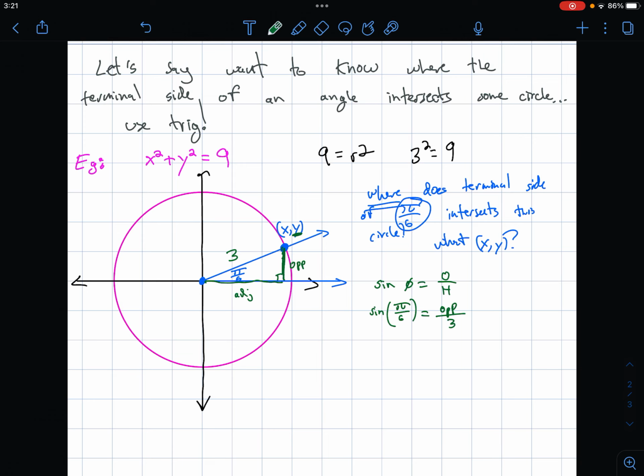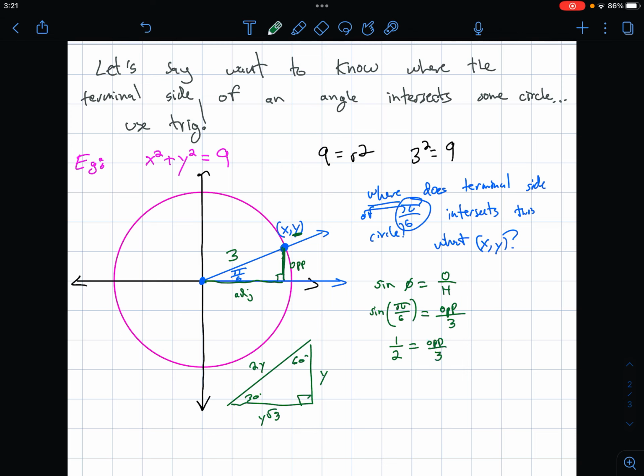My opposite is currently unknown, so we'll say opposite. My radius is 3. Now, sine of pi over 6, that is one of our special right triangles. That's a 30, 60, 90 right triangle. So if I have 30 degrees or pi over 6, we usually can express this as y, 2y, y root 3, or however you like. But sine of that is going to be opposite over hypotenuse, which is going to be y over 2y, or 1/2, is equal to opposite over 3.